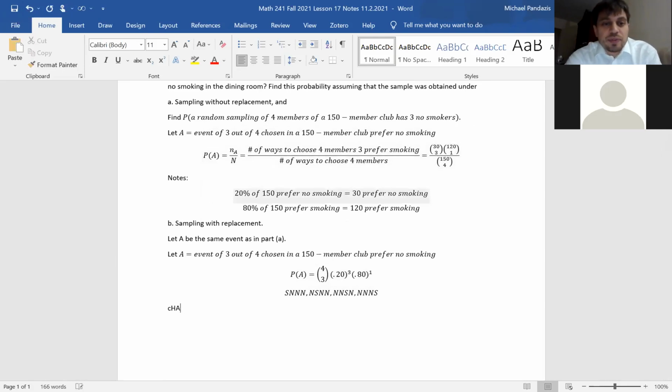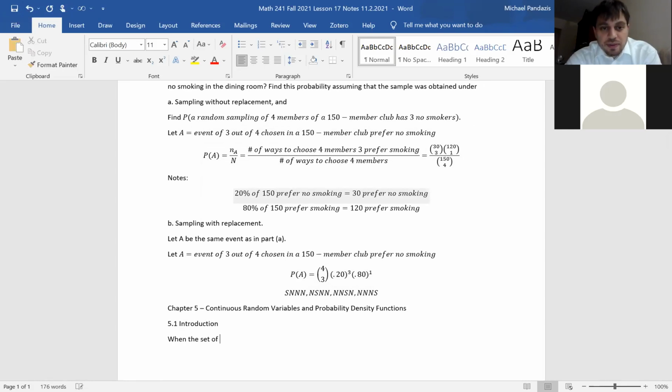Last class we finished chapter 4 and we are now at chapter 5. Chapter 5 is about continuous random variables and probability density functions. Section 5.1 is an introduction to this topic.